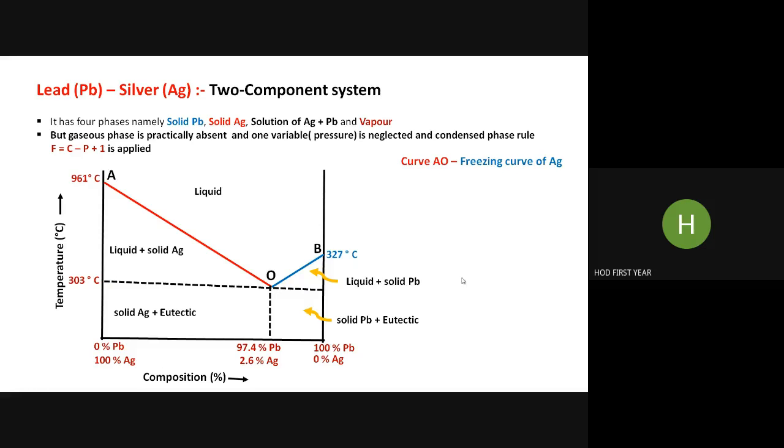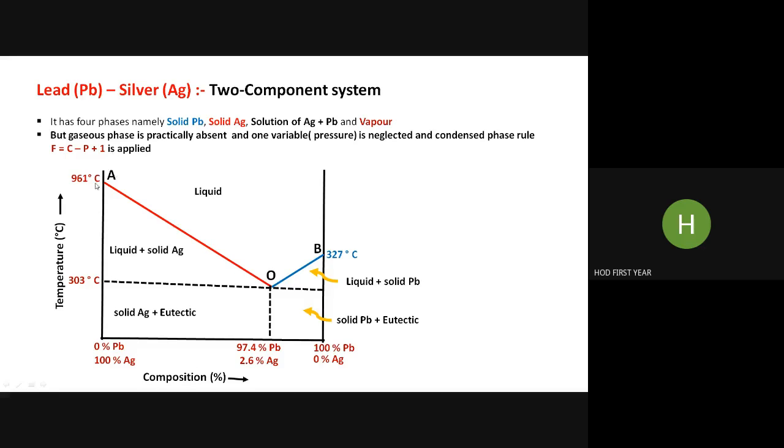Okay. So now obviously for curve AO, how should we label it? See, we labeled curves in the water system, one compound system, by just observing the phases across, right? Similarly, we can label curves over here. So curve AO. Okay, आपल्याला काय सांगतो curve AO?